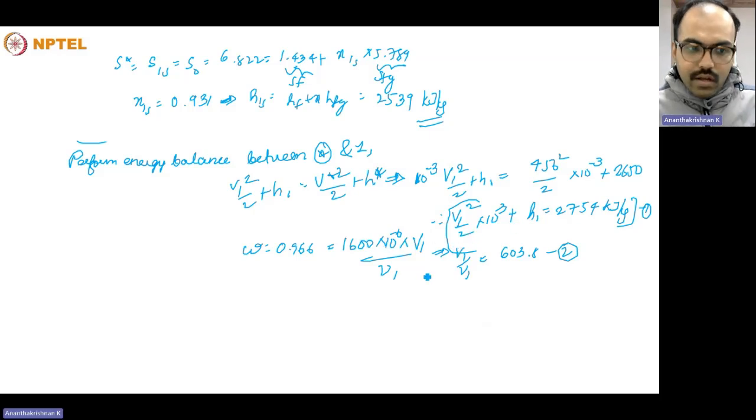So we have got two equations with velocity, this one with the nu1 and this one with the h1. So we have to use an iterative solver to determine the value of the dryness fraction in this case, because we know the value of nu1 and we know the value of h1.